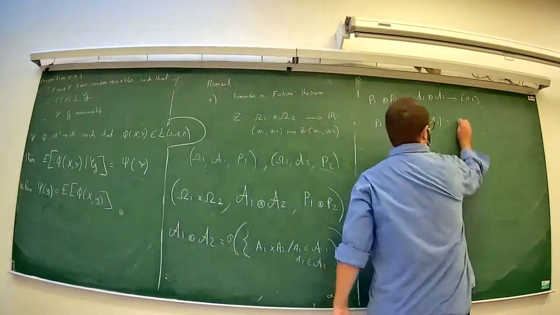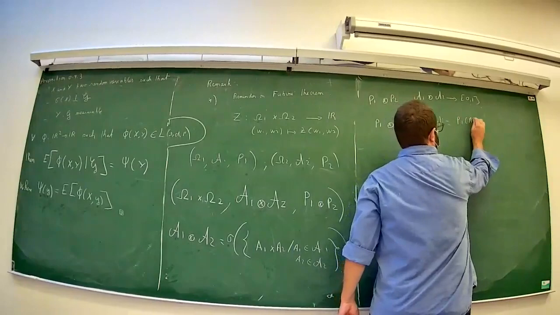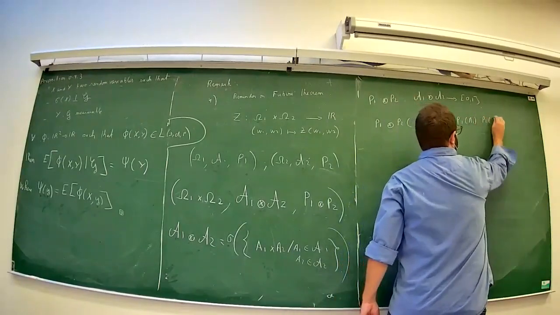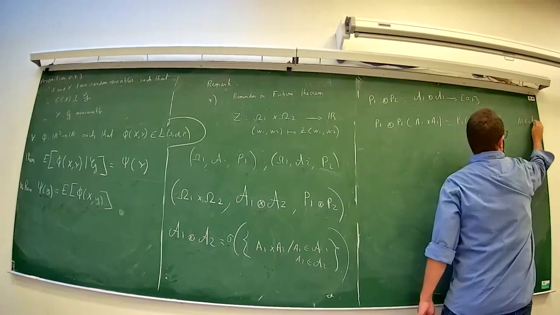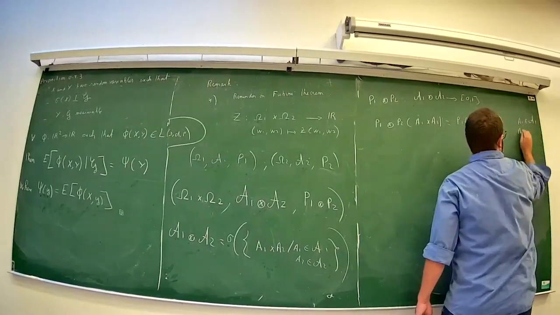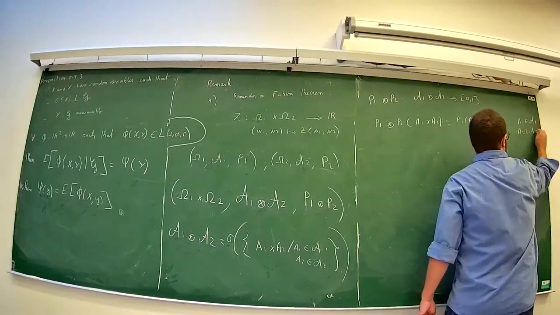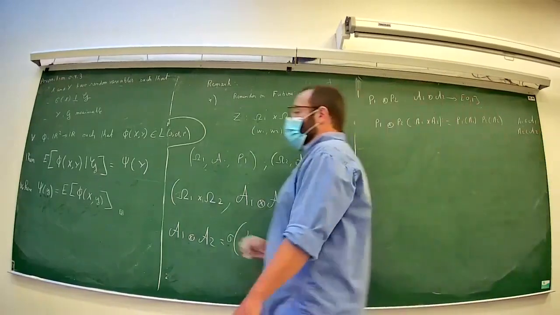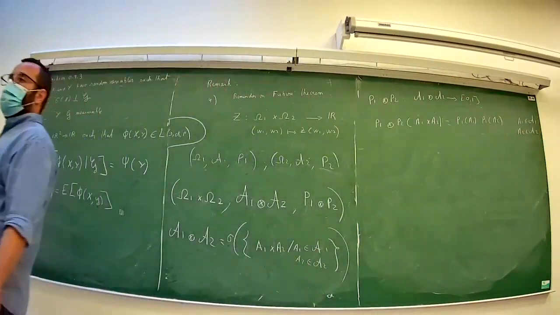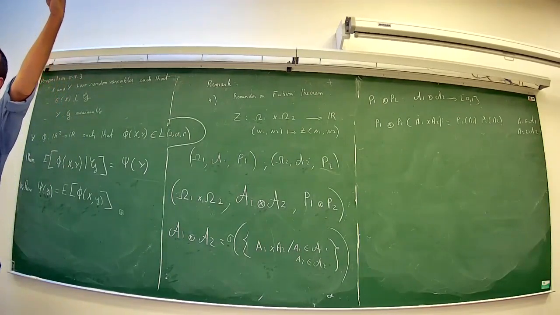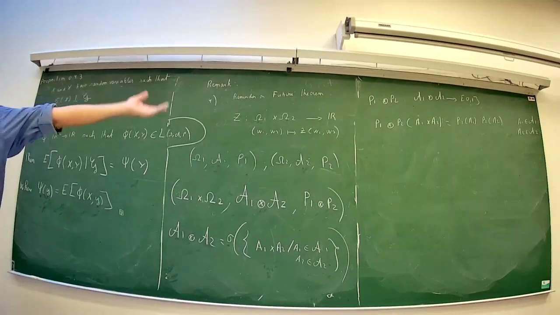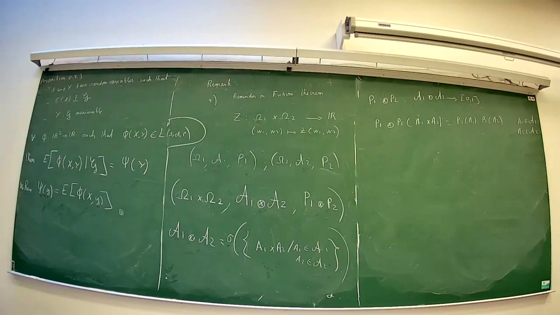In fact, P1 of A1 times P2 of A2, A1 belonging to calligraphic A1, A2 belonging to calligraphic A2. So that is the way we define the product of two sigma algebras and the product of two distributions, two probabilities, or the product of two measures.